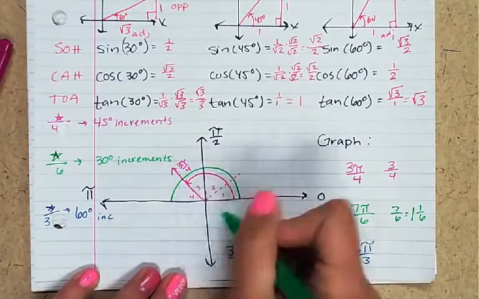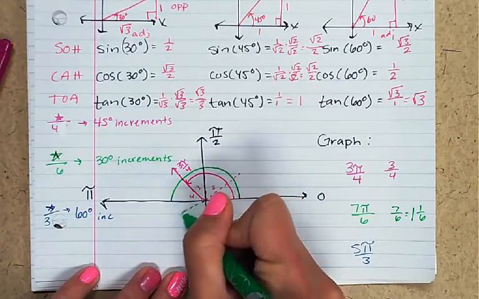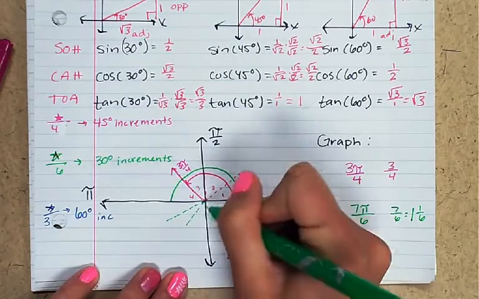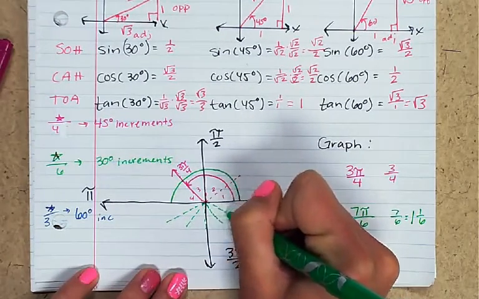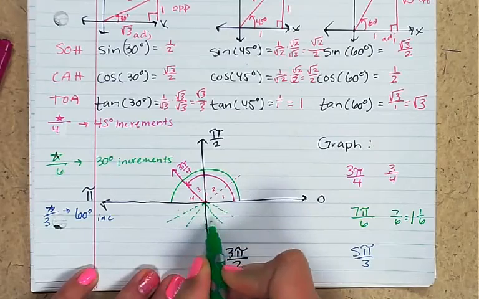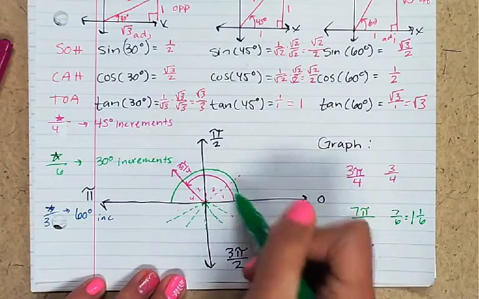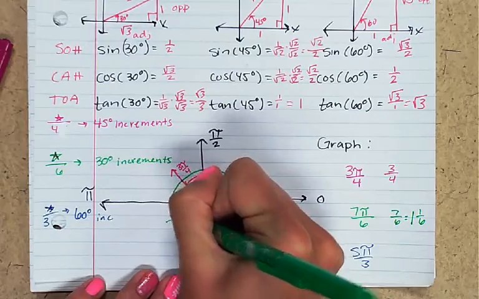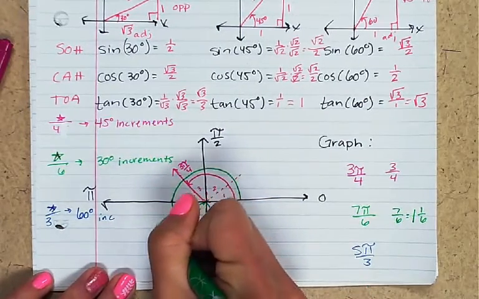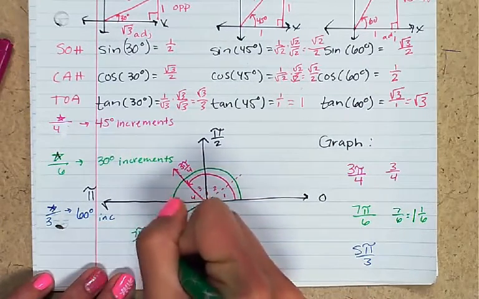Now we want 1/6 more. So if I break this up into 6 pie slices, 1, 2, 3, 4, 5, 6, we want this 1 whole here, and then 1/6 more, just one of those 6. And that would be where 7 pi over 6 is.